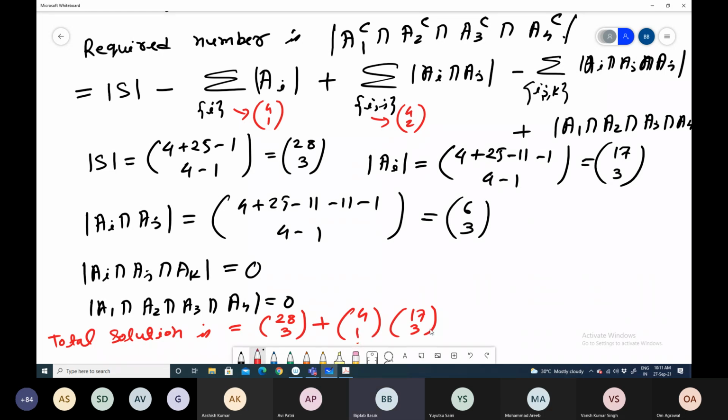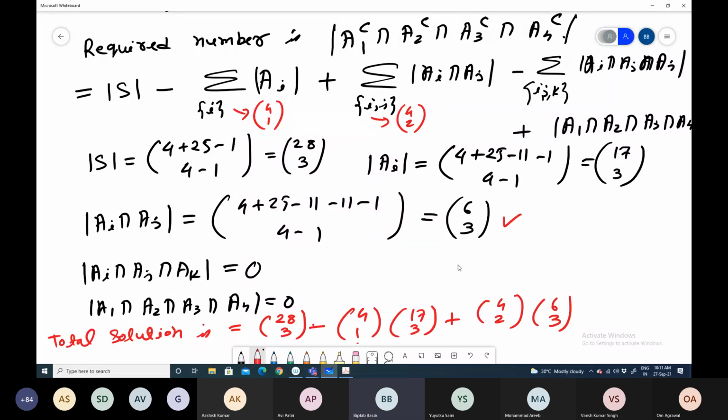Oh, sorry, this is minus, and this is plus. 4 choose 2 times 6C3. So that's all, and the remaining terms are 0. So we are done. This is the required solution.